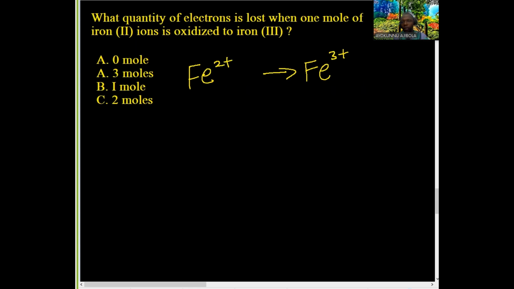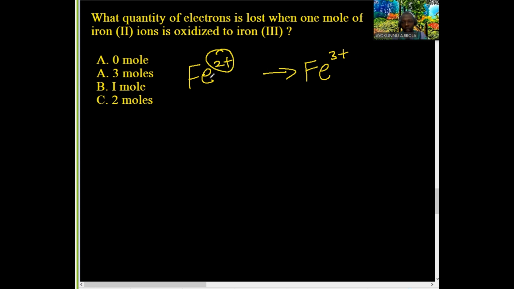When it loses an electron, here at this state means ready to give 2 electrons, right? And that is the oxidation state. Now, if it loses one electron from the pale green iron 2, oxidized to brown iron 3, it becomes 3 plus.